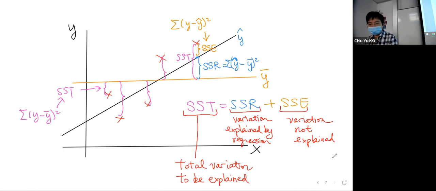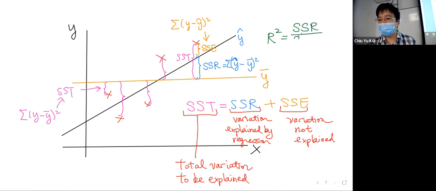So that allows us to define an important measure called R-square. R-square is simply the part you have explained over the part you are supposed to explain, which is between 0 and 1. So R-square tells how good your fit is.